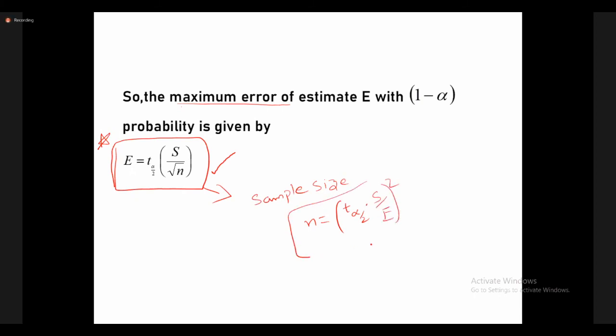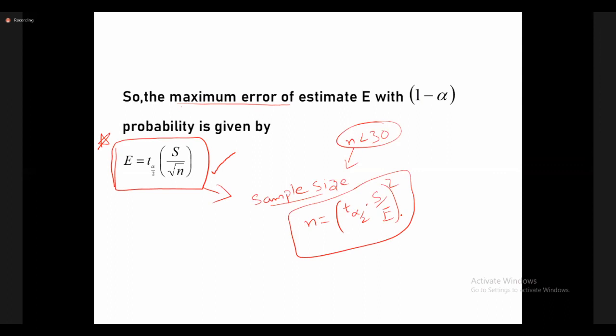Remember this formula also for small samples, n less than 30.